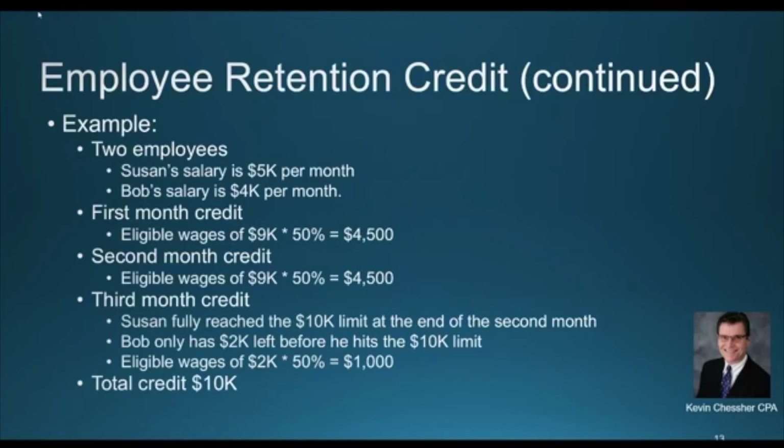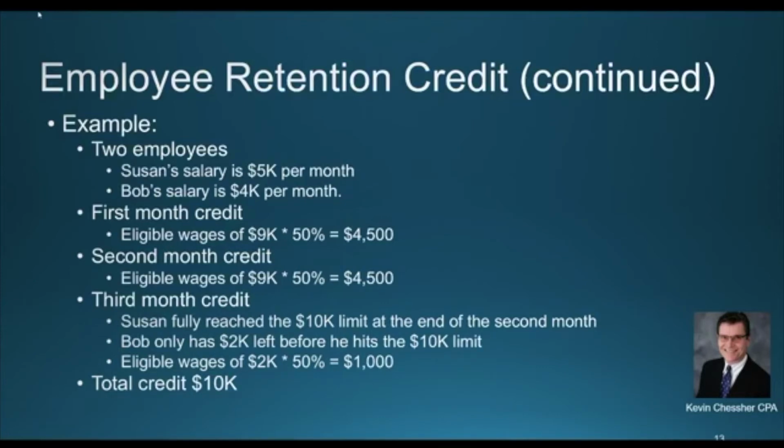Now in the third month, the math gets a little bit more complicated, but it's still not too complicated. After 2 months, Susan has reached the $10,000 limit. $5,000 in the first month, $5,000 in the second, so she reached the $10,000 limit. Now Bob, he has $2,000 left because he had $4,000 in month 1, $4,000 in month 2 for a total of $8,000. 10 minus 8 is 2, so he has $2,000 left.